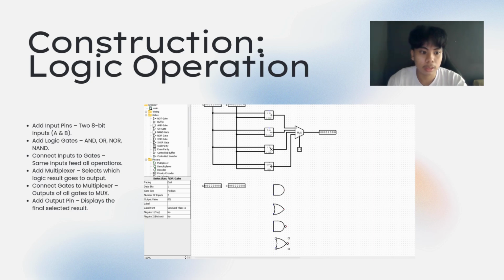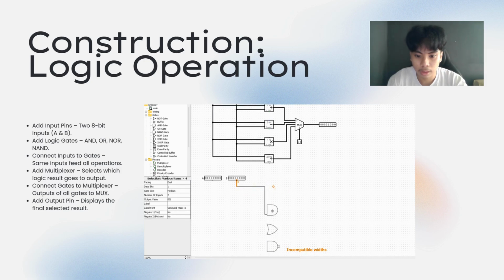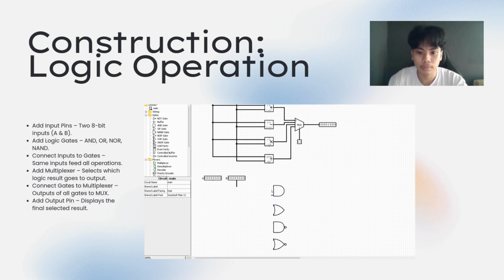And now let's connect the inputs A and B to each logic operation. By the way, let's change the data bits of each gate to 8 so it is compatible with our inputs.